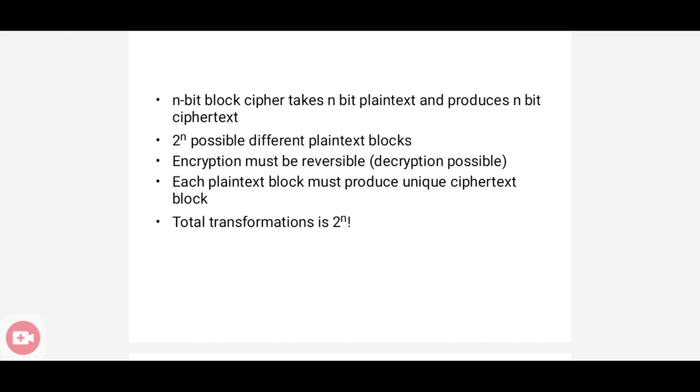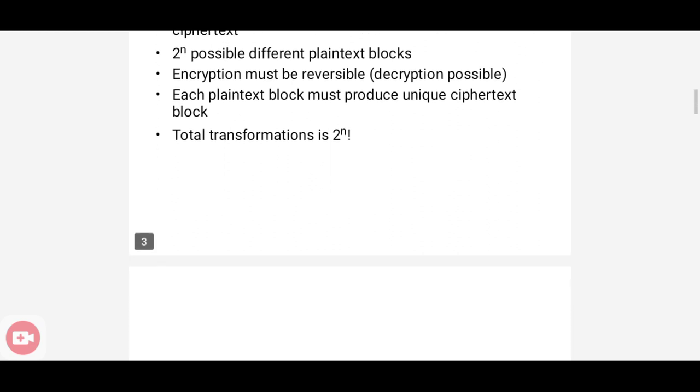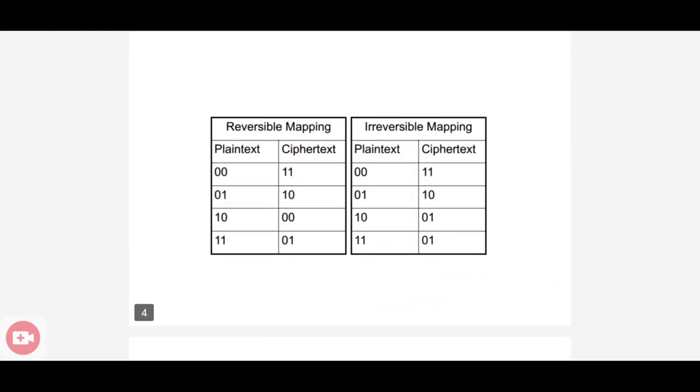So here 2 raised to n possible transformations are there. Also, this structure is a reversible mechanism, which means decryption is possible. Each plain text must have a unique ciphertext. Clear?